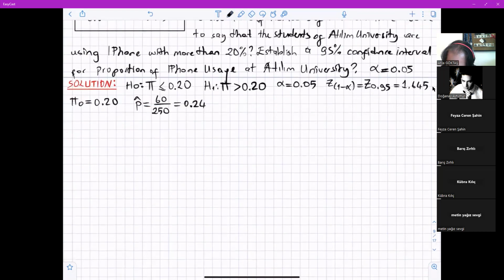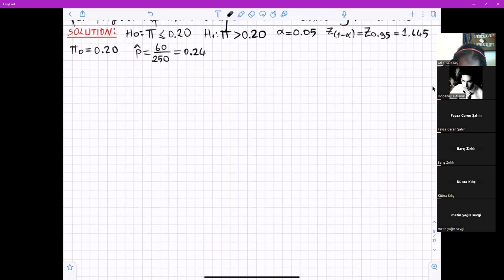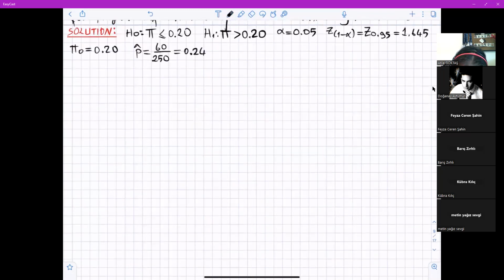Okay, what else do we need to write? We need to calculate the statistic. The Z calculated statistic, remember, was pi hat minus pi null, divided by the square root of pi null times 1 minus pi null, divided by the sample size.